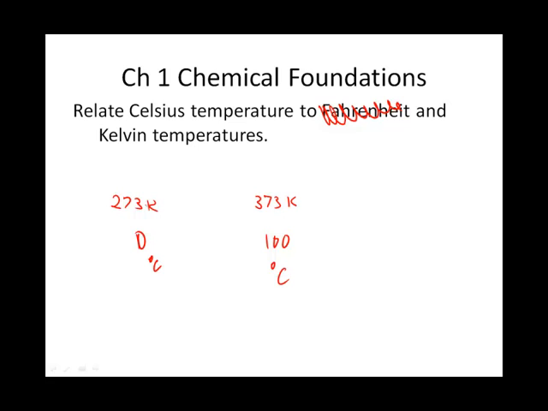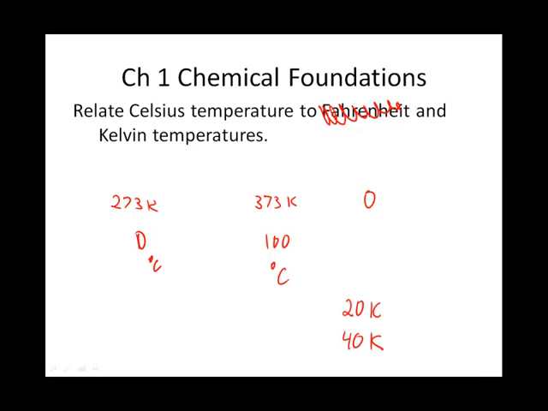Of course, remember the necessity of Kelvin. We usually use it for gas laws and some thermodynamic problems. We have to have our units in Kelvin. And the reason is Kelvin has no negative temperatures. If you take 20 Kelvin and you double it to 40 Kelvin, you indeed have doubled the temperature.